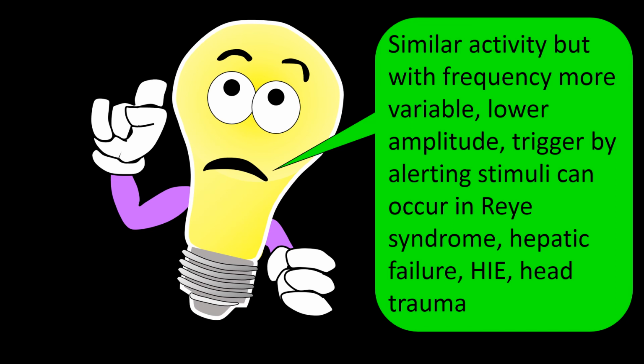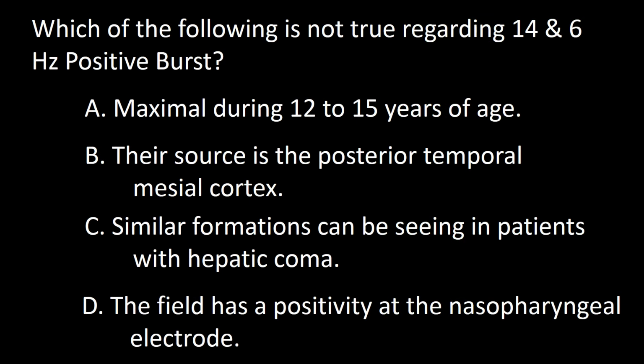An additional interesting finding in this pattern is that at times patients with Reye syndrome, hepatic failure, hypoxic ischemic encephalopathy, and head trauma have an increased frequency of 14 and 6 positive bursts than healthy patients. So the answer to this question is D.